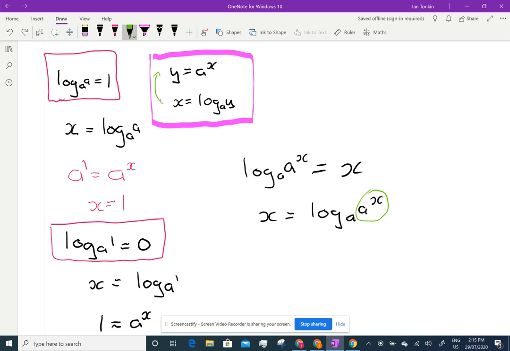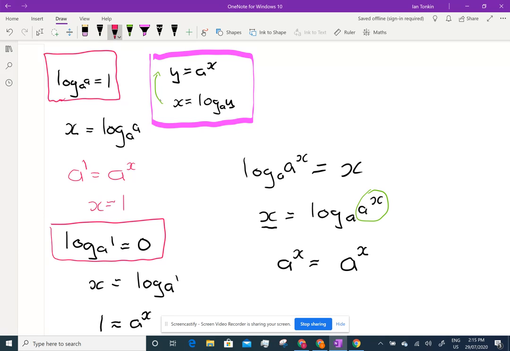So I'm going to get a to the x, because I'm going back, a to the x equals, okay, this is going to be up there, and equals a to the x. All right. So I've just gone backwards, so that's true.